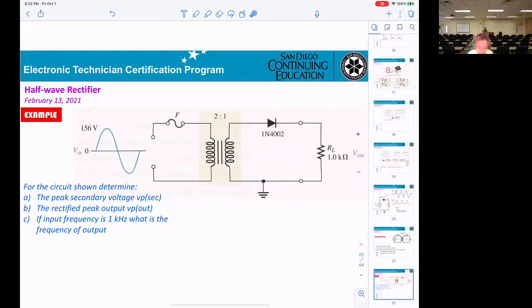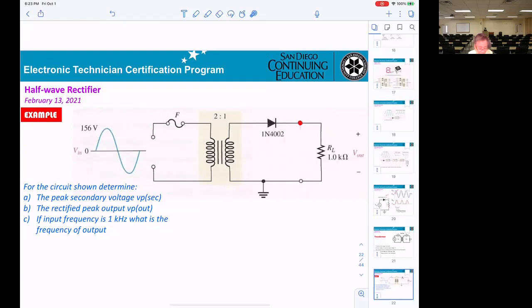And also they want to know the peak output voltage. So what is the output voltage here? This is the half wave. So you get the sine wave positive, turn on the diode. So the output will be the DC minus 0.7.